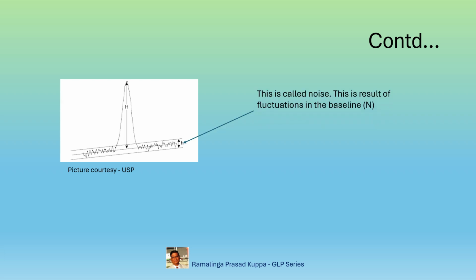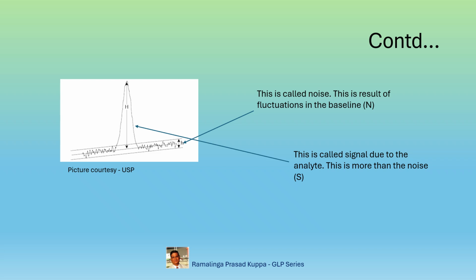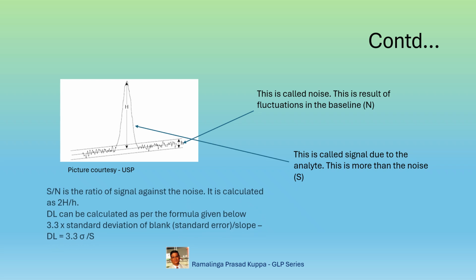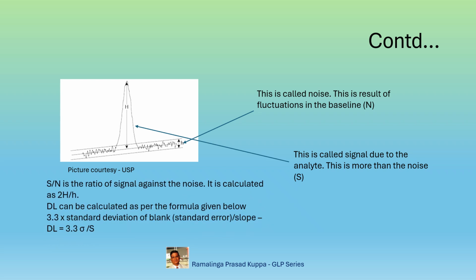This is called noise. This is the result of the fluctuations in the baseline. This is called the signal due to the analyte. This is more than the noise. S by N is the ratio of signal against the noise. It is calculated as 2H by h.